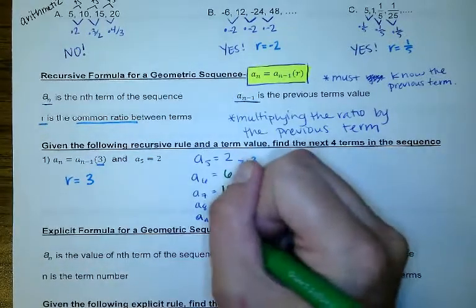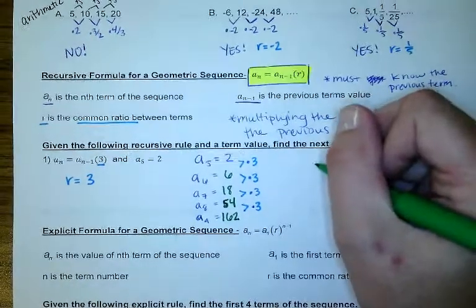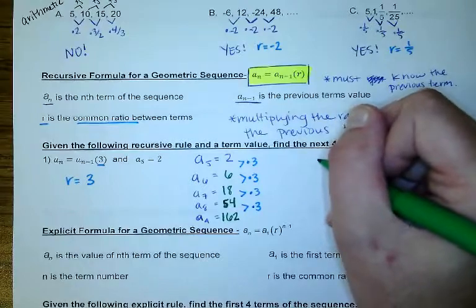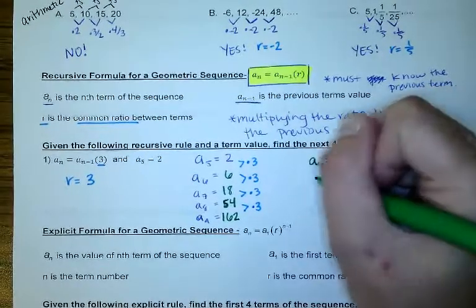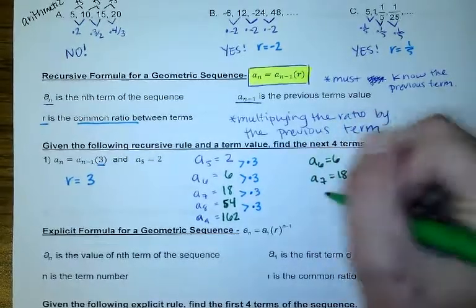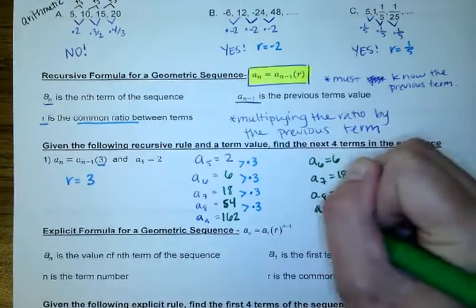162. Today, there will be very little shame in you getting out your calculators, okay? So my next 4 terms: a sub 6 equals 6, a sub 7 equals 18, a sub 8 equals 54, and a sub 9 equals 162.